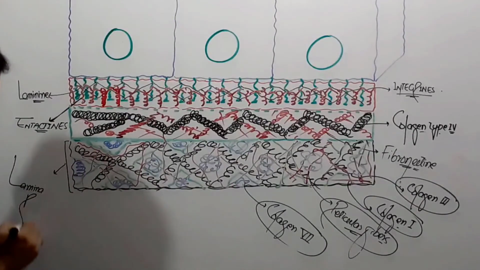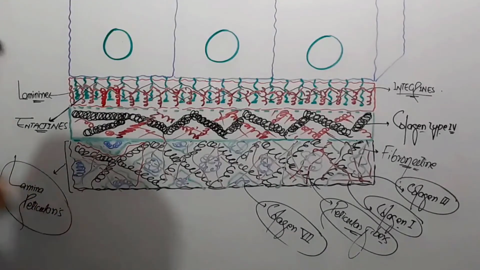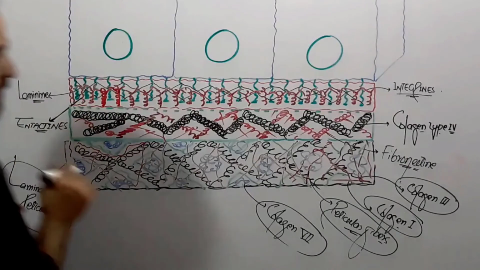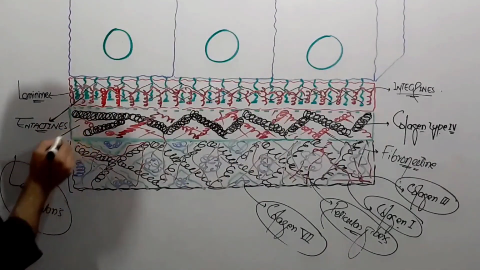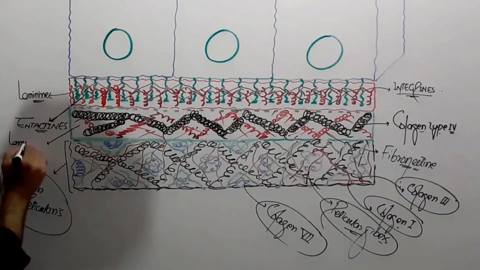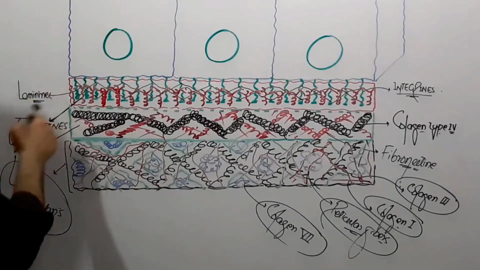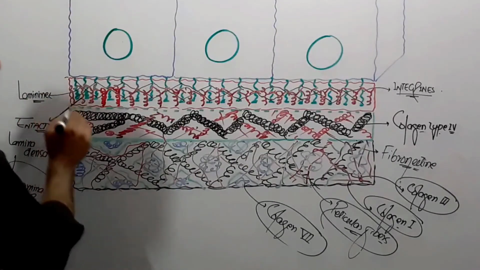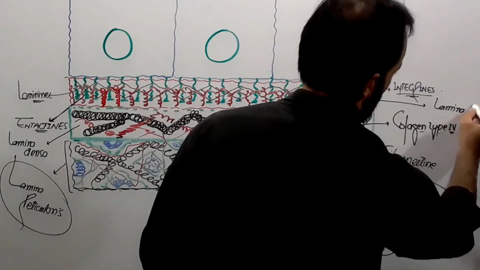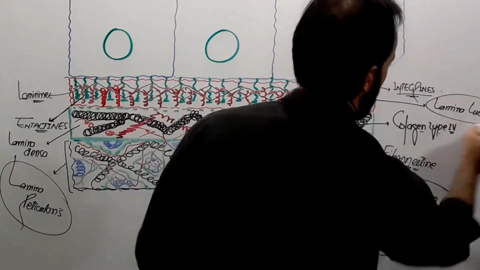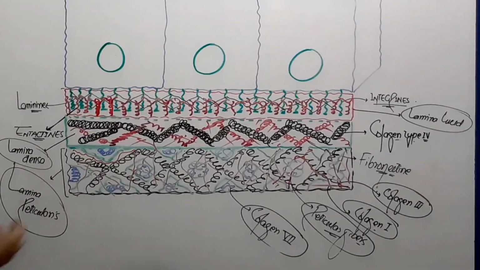This is the lamina reticularis. This lamina is called the lamina densa, and this one is called the lamina lucida. So how many layers of the basement membrane are there? There are 3 layers.